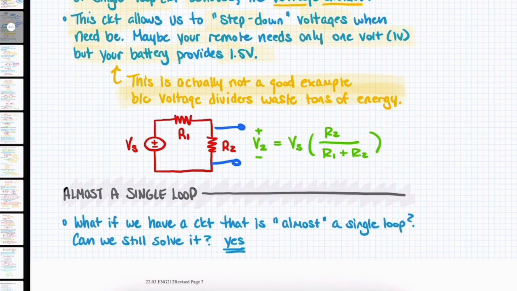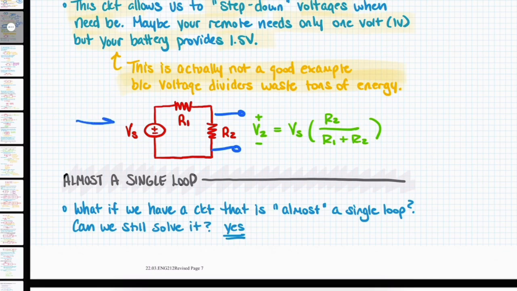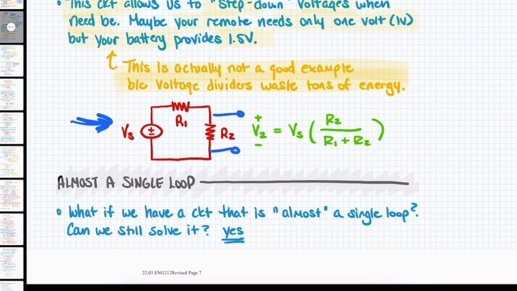So what we have is this circuit here. Now, one thing to make note of is, well, first off, we already know that this circuit corresponds to this equation. We can calculate the voltage across R2 by multiplying the initial source or the input source by this ratio. But this is very specific to the exact arrangement of these elements. Not necessarily the order of them, but across what element you're observing the voltage.